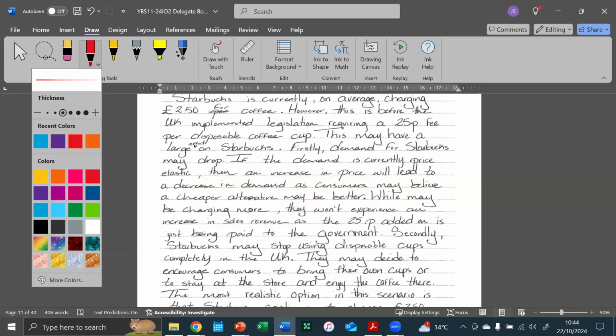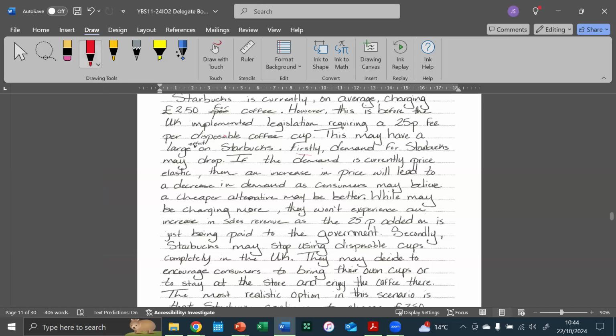Firstly, demand for Starbucks may drop. That's valid, isn't it? If the demand is currently price elastic, then an increase in price will lead to a decrease in demand, as consumers may believe a cheaper alternative may be better. That would happen if it's price elastic or price inelastic. So I'm not viewing that to be that impressive in terms of the use of price elasticity of demand.